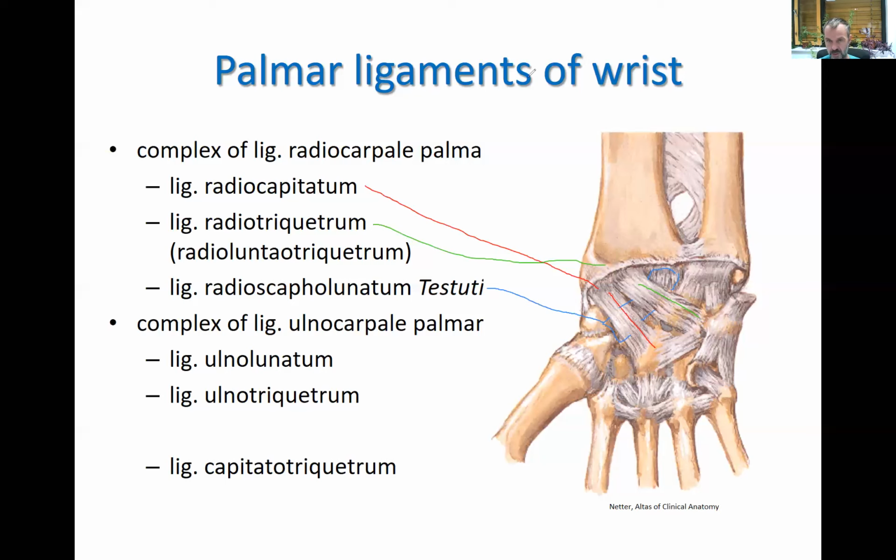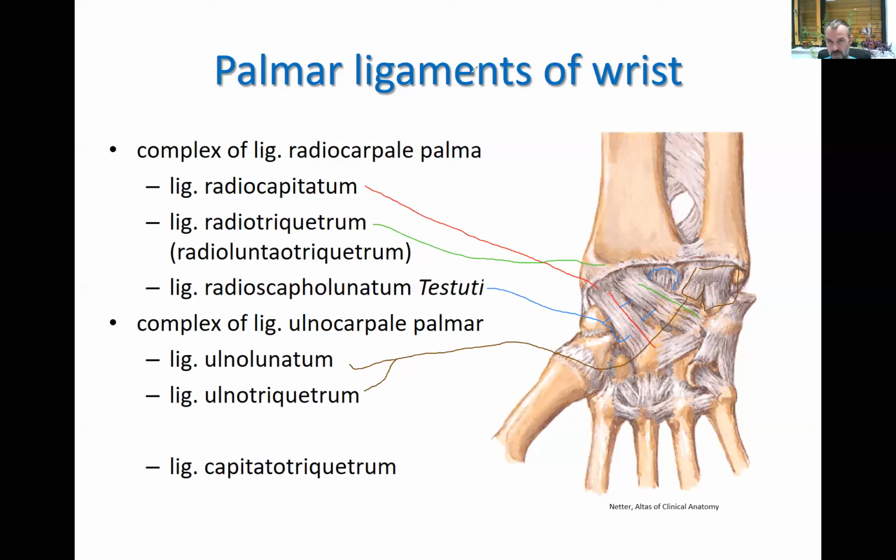On the ulnar side, we have ulnolunate and ulnotriquetrum, which are here, and they form the palmar ulnocarpal ligament. So you can see that the radiocarpal and ulnocarpal palmar ligaments consist of smaller strips, and the names of them are important for the surgeons of the hand, not for you students, it is not necessary.